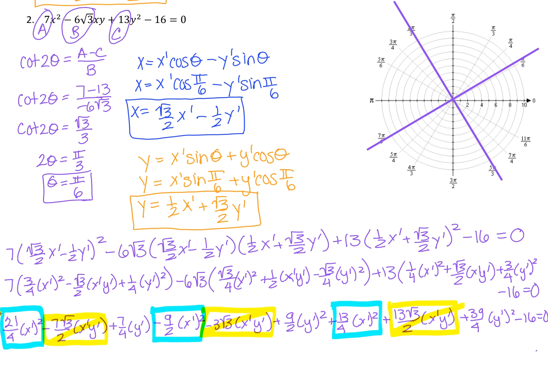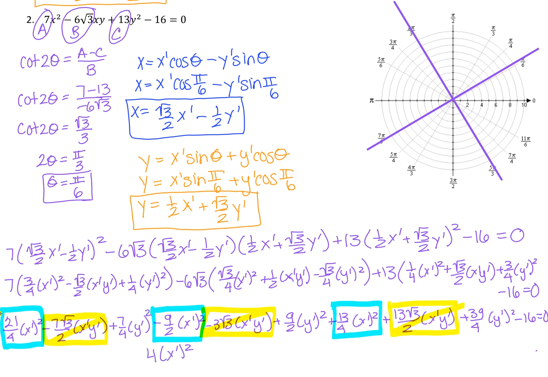So I get 4 x prime squared. Then I have my constant minus 16 at the end. If I add together all of the y prime squared terms, I get 16 y prime quantity squared, and then minus 16 is equal to 0.